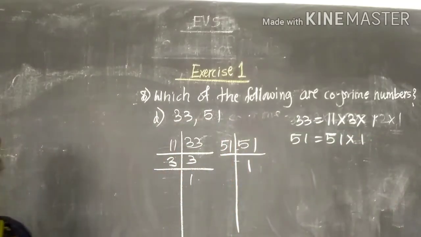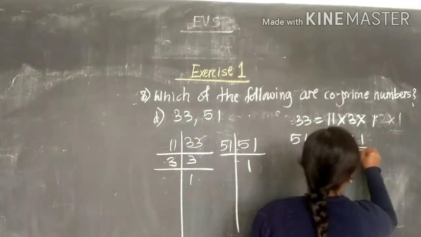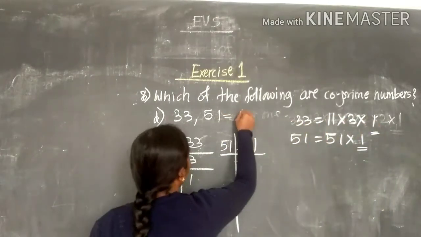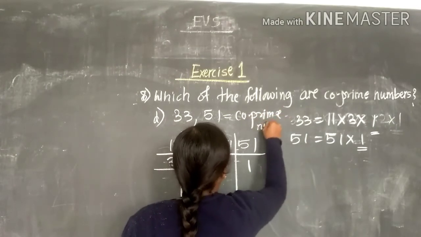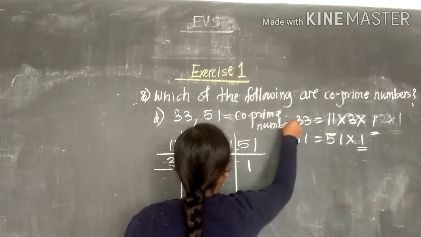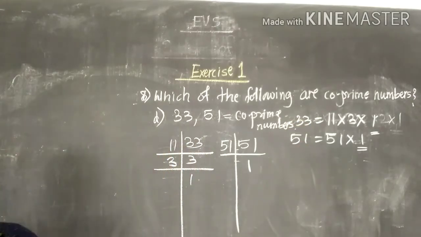The common factors are 1 and 3, so these are not co-prime numbers. Okay, very good. I hope you are understanding this.